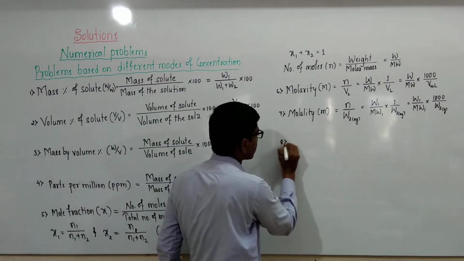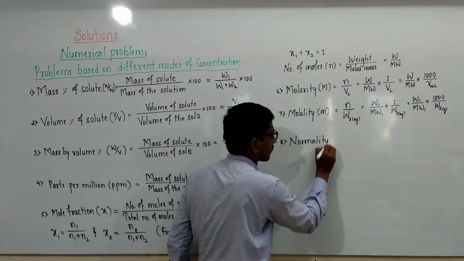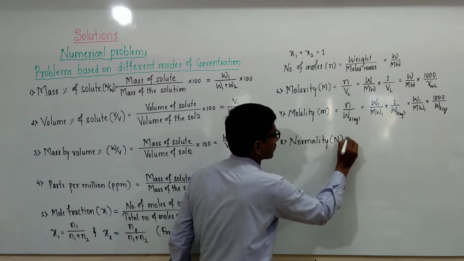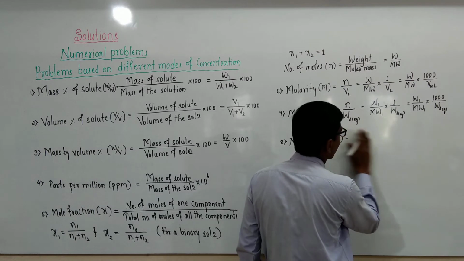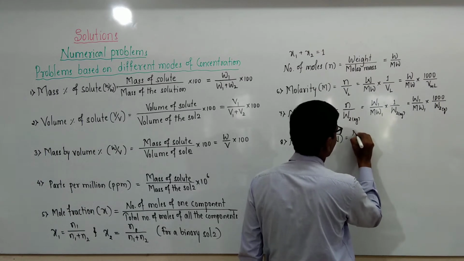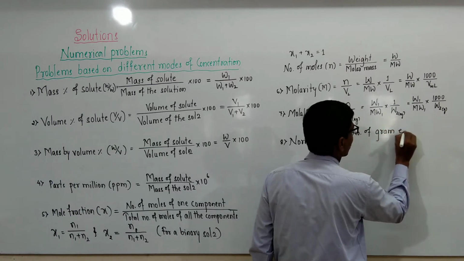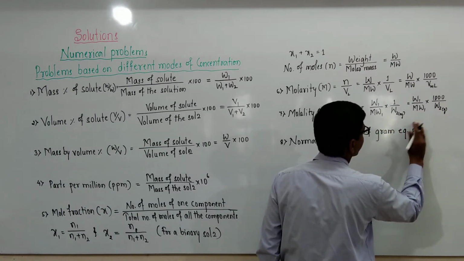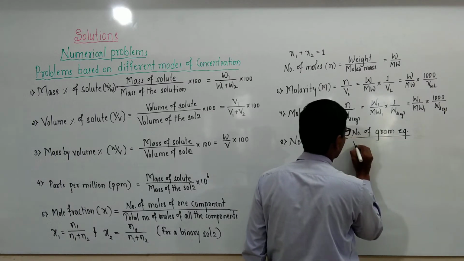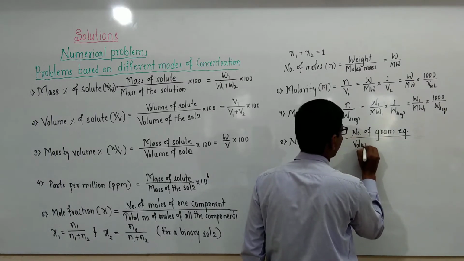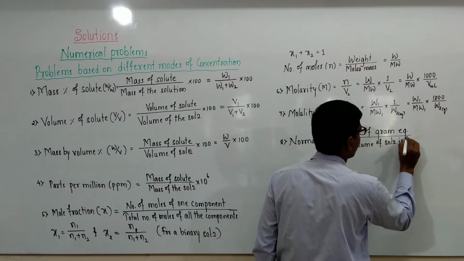Then next is normality. It is denoted by a symbol capital N, and normality is nothing but number of gram equivalents per liter. Number of gram equivalents present in volume of solution in liter.